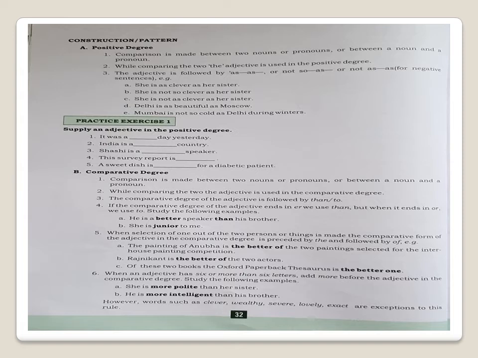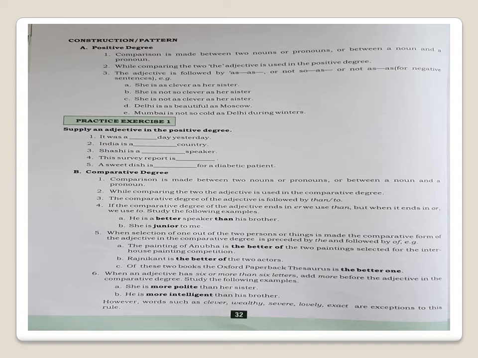Next rule: when selection of one out of two persons or things is made, the adjective in the comparative degree is preceded by the and followed by of. Let us see this in the sentence.